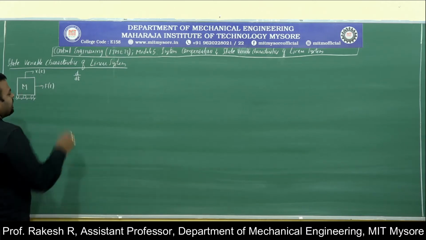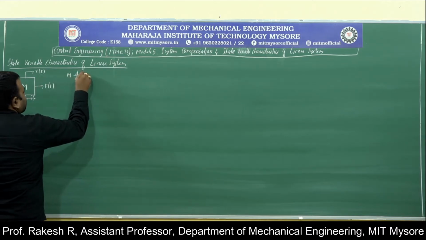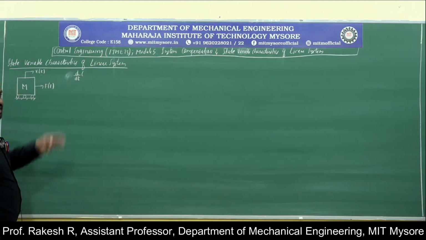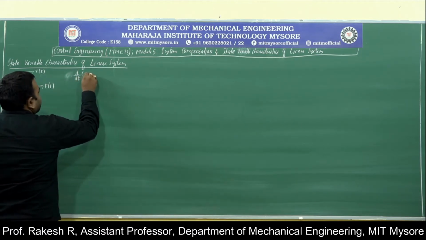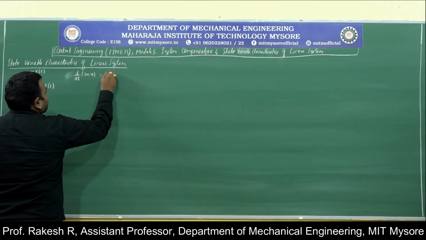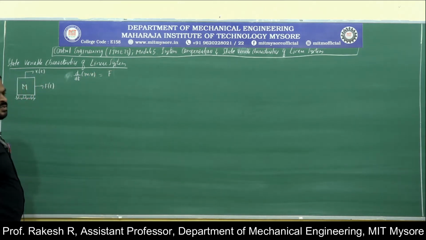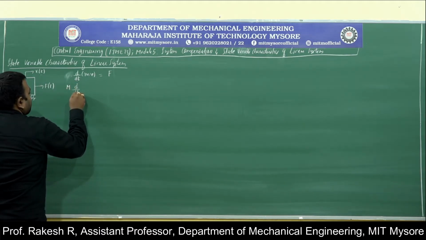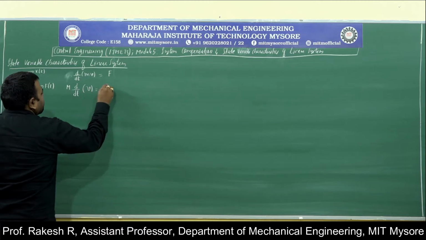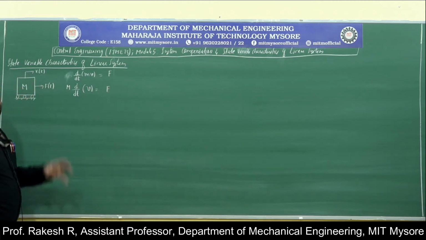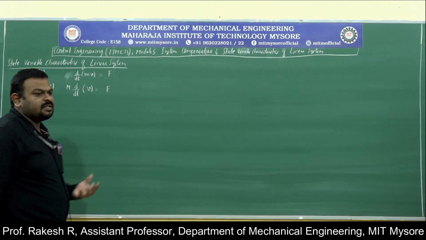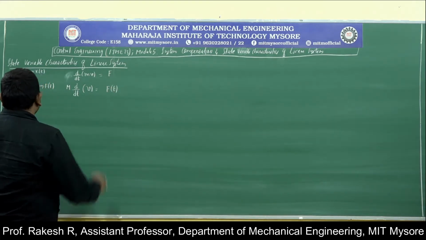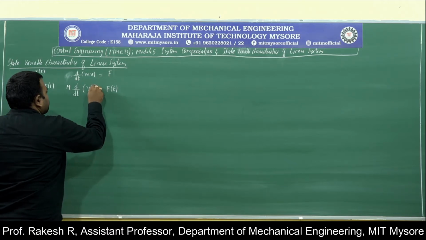The rate of change of momentum, d by dt of mv, is equal to the applied force. Mass will be constant, so m times d by dt of velocity will be equal to f. Since f varies with respect to time, the velocity will also vary with respect to time.